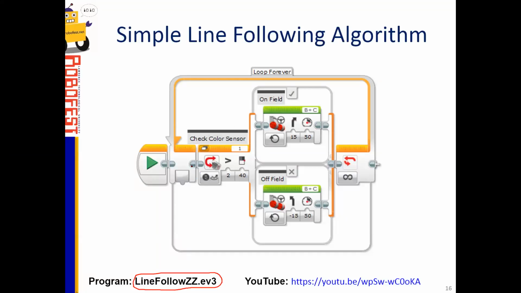Okay, so let's look at how the line following program works. We have our sensor here. The color sensor is set to see a value of greater than 40.